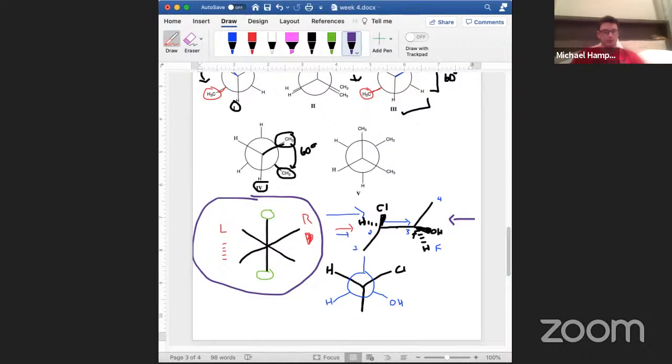Any questions, comments, concerns on this? With this same rule, you would be able to go from the Newman back to the bond line, because what you did to go to your Newman, you just do the reverse to go back to your bond line. Is there any question, comments, concerns on this conversion?